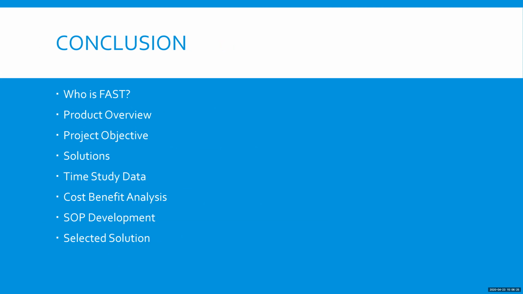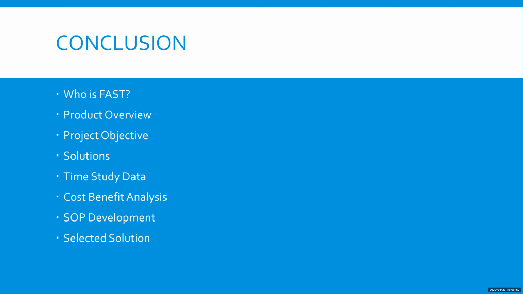Conclusion. We showed you who FAST is as a company and what they do. We showed you what they make in their GSE division. We talked about our deliverables that we were assigned and what we delivered to FAST. We talked about the different things we looked into as potential solutions for this project. We showed the time study data from what they currently do to what the improvements of our test device will achieve.